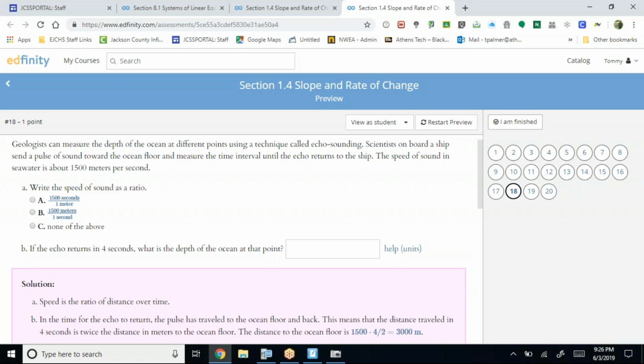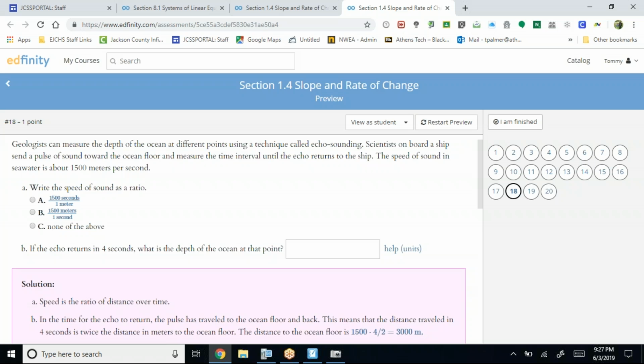That's what echo sounding does. It sets up on top of the surface of the water, so it goes down and bounces, so that distance is down and back. If you want to know how deep it is, you take half of it. So take half of it, put your number and then a space and M, and you should be okay.